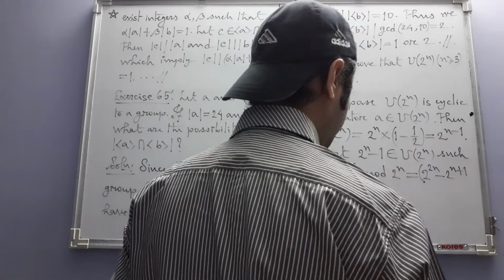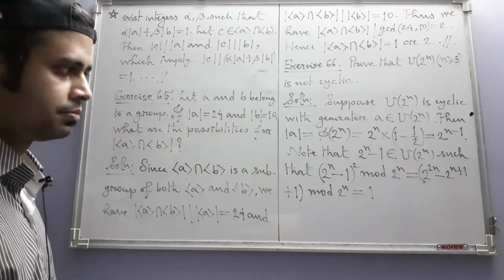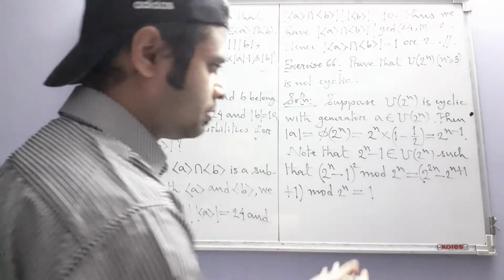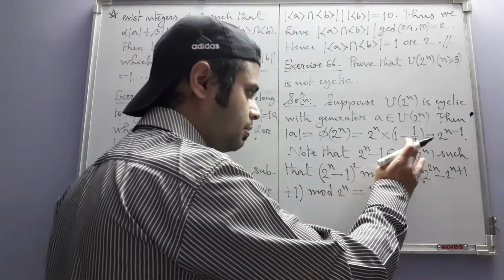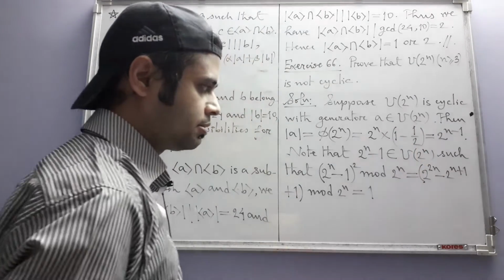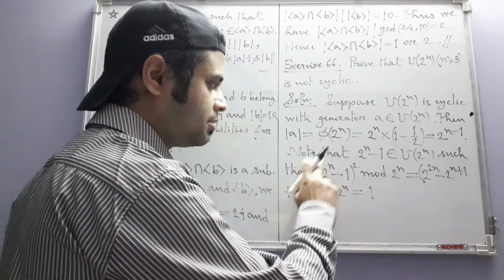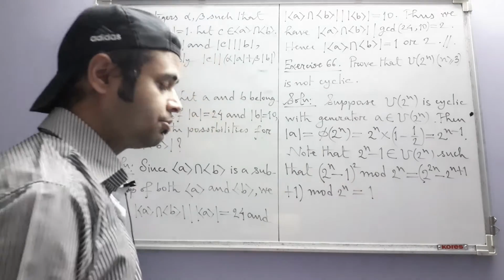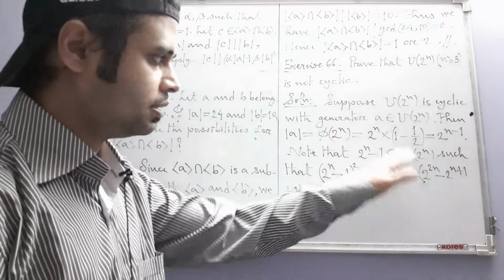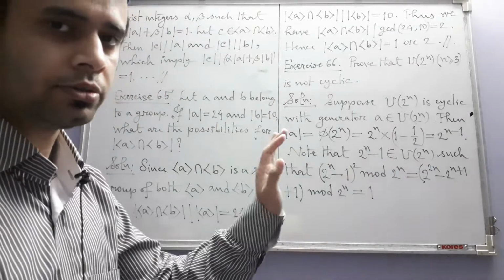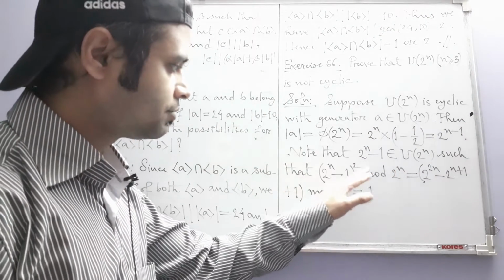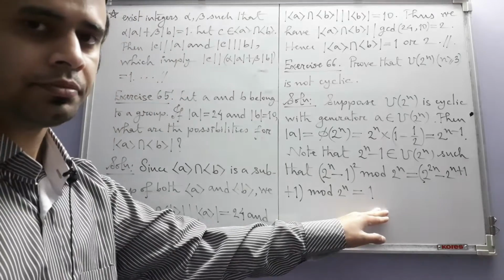So we end up with 1. Okay, and 1 we already know is the identity element in this group. So the square of this element, that's how we will calculate the square in this group, right? Using modulo 2 to the power n. So square of this element is identity.